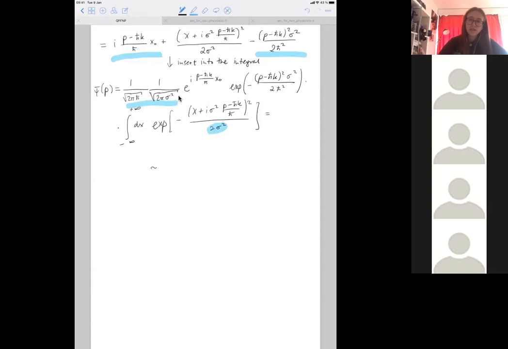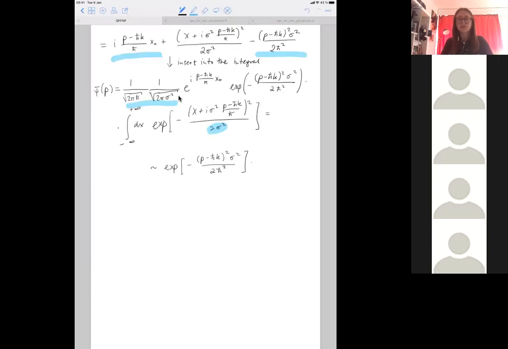But in the end, what you get is something that is proportional to the exponential of minus p minus hk squared sigma squared over 2 h bar squared. And essentially, this is, again, a Gaussian packet, but with respect to the variable p.